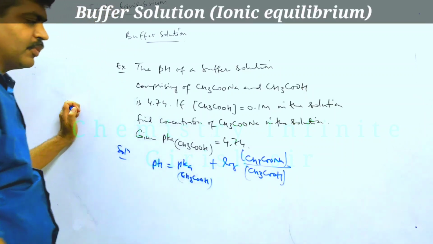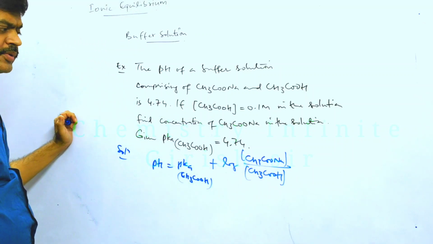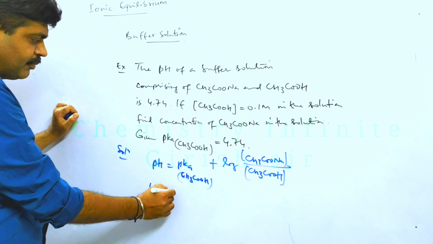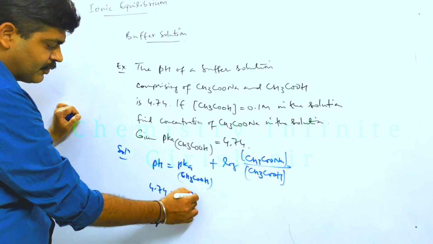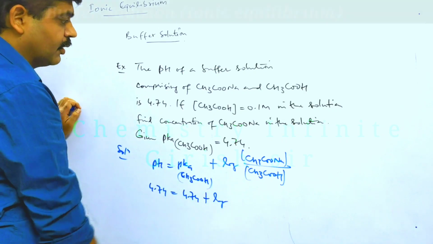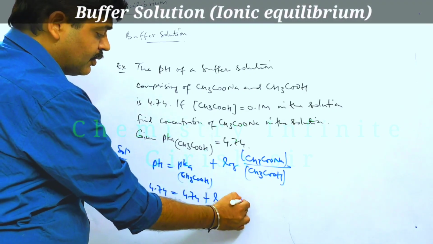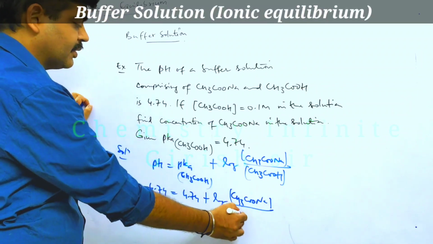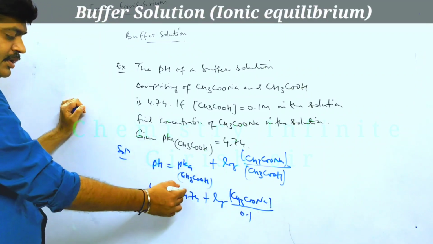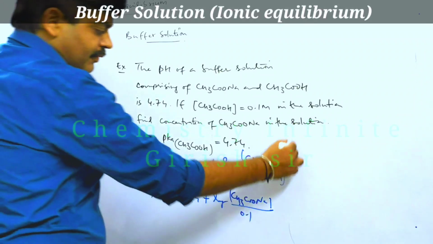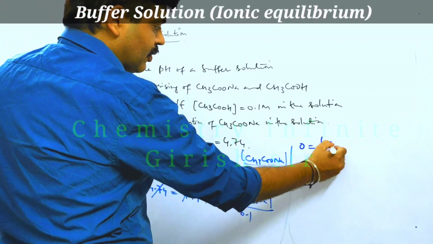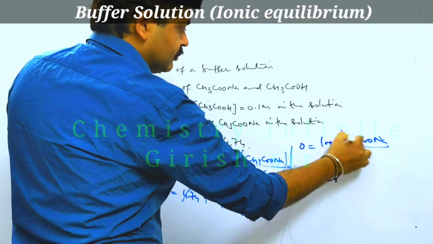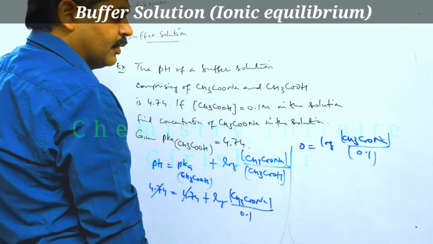Okay, so we'll put in the values specified in the question. pH is given as 4.74, pKa is also given as 4.74. Concentration of salt is not specified, that we are supposed to find out, and here concentration of acid is given, 0.1. So you can see these two numbers, they cancel out and we get 0 equal to log of the ratio.